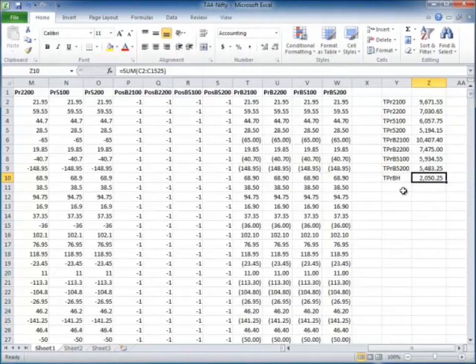Okay, so let's take a quick look at the results. What we can see here, actually, the most profitable strategy now is when we use a 2-day and a 100-day moving average with the 1% band. This gives you a better result than any of the others.